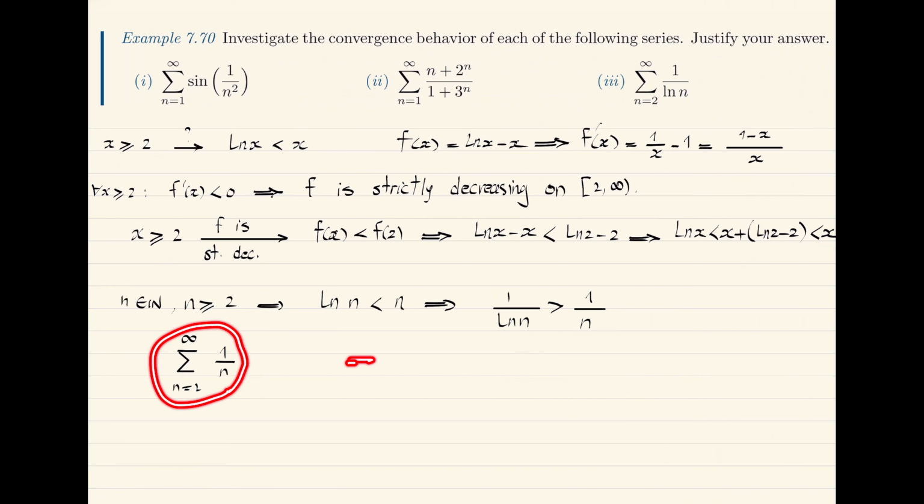So if this sum from 1 to infinity, which is the harmonic series, is divergent, this one, which only differs by the first term, is also divergent. And my series here is greater than the harmonic series. So this means that this series also diverges. Okay?